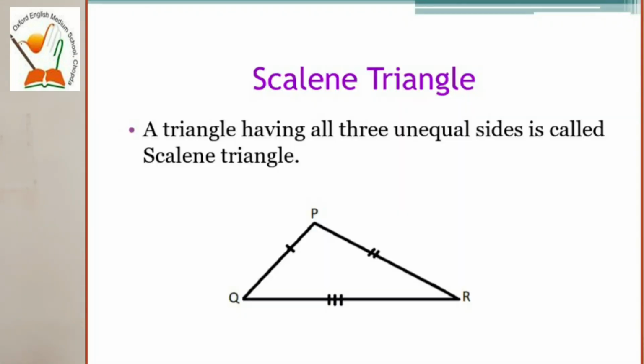See in figure PQR, in this diagram, the segments PQ, QR and PR, we can call them side PQ, side QR and side PR. These 3 sides are of different lengths. So that type of triangle is called a scalene triangle. Suppose when 2 sides of a triangle are equal, then what do we call that triangle?